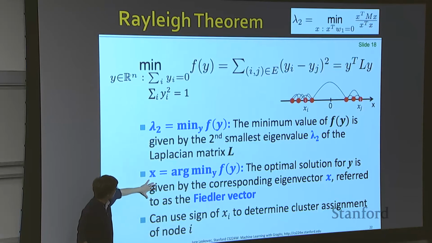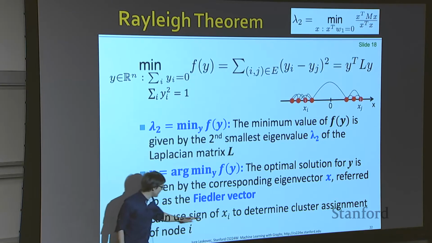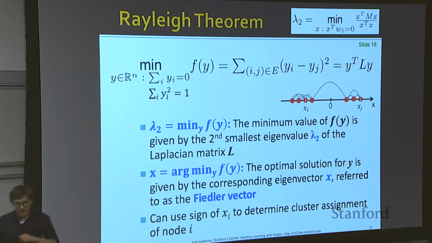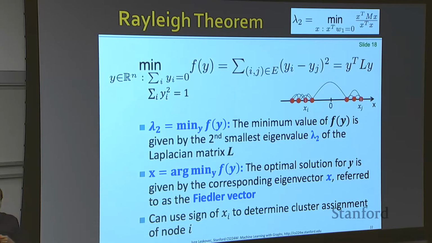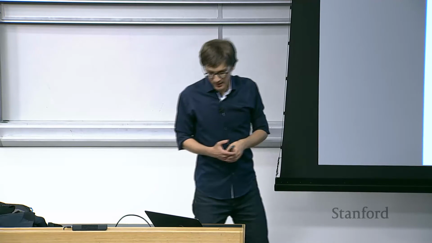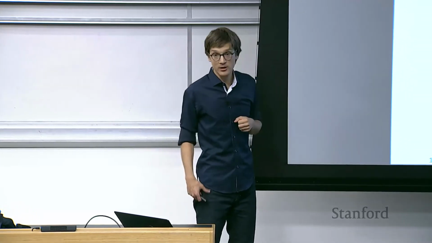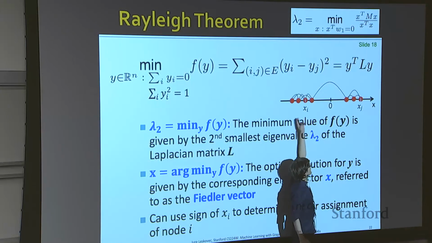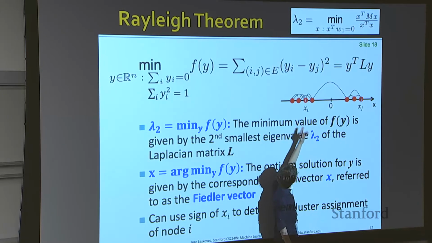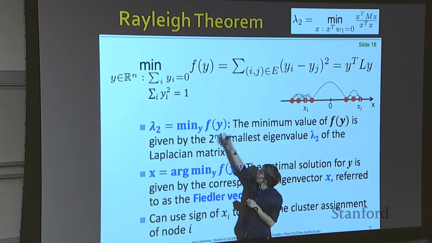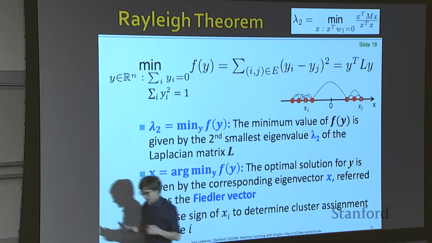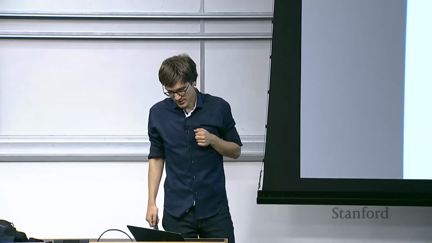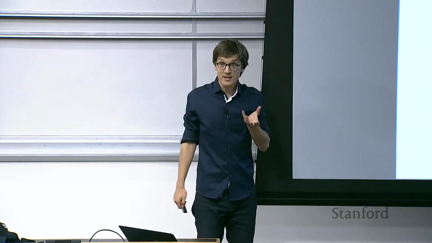And the consequence from all this is that we can use the sign of this Fiedler vector x to determine whether a node is in the left partition or in the right partition, right? So the picture to think about is something like that, where y are these coordinates, and the squared differences essentially count how many edges cross. And why is this important?